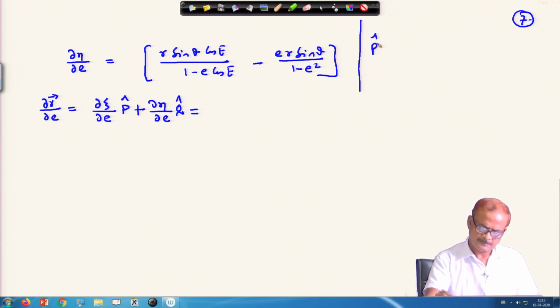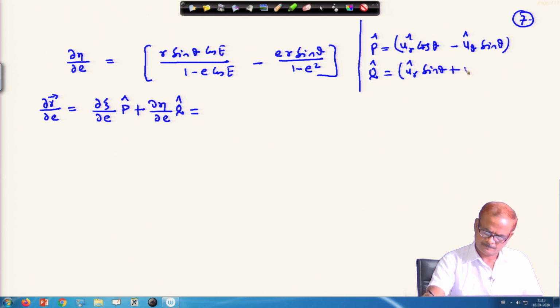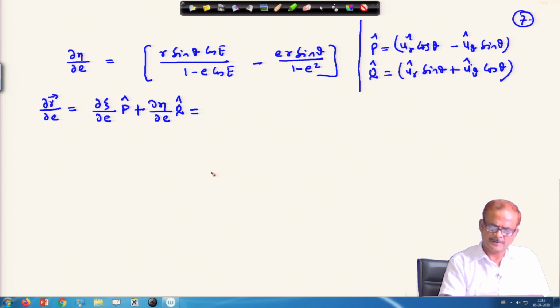We have p cap equal to u r cap cos theta minus u theta cap sin theta. Already we have worked out these things in the previous lecture. So, we will utilize this information here in this place.